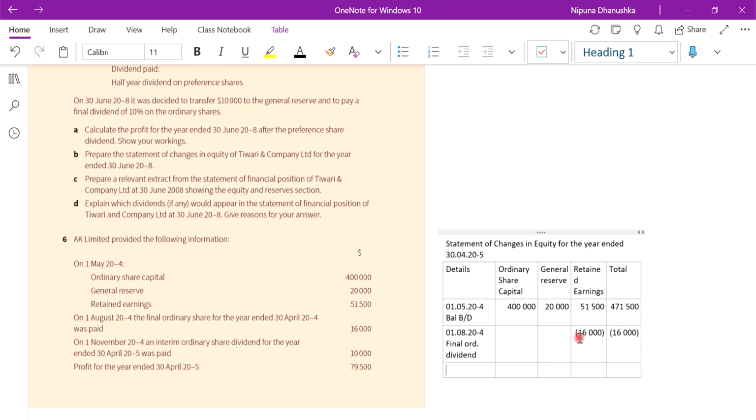And then on 1st of November, the interim ordinary share dividend for the year ended 30th April was paid.